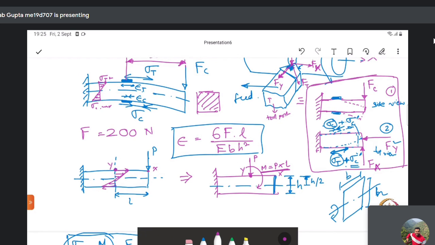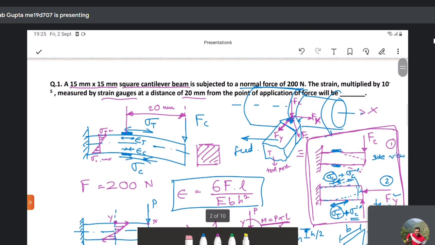I think you can see this box portion. This is a more realistic scenario where your tool is experiencing a cutting force, thrust force, and feed force. If you are having strain gauges, the first question will be how you would like to orient and place them.